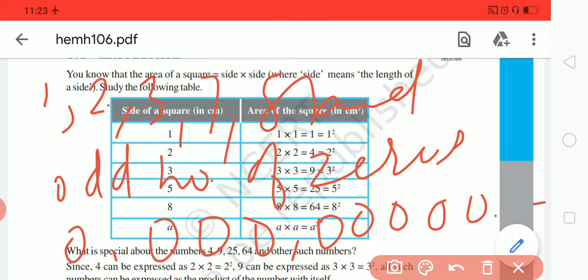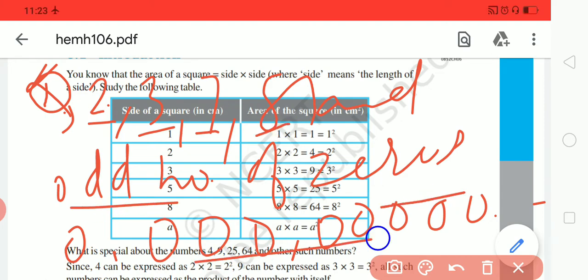Okay, sorry, 1 is not there. The numbers that end with 2, 3, 7, 8, and an odd number of zeros are not perfect squares.